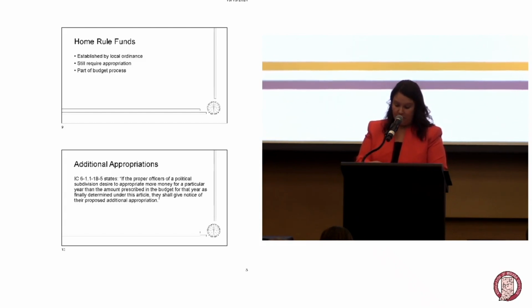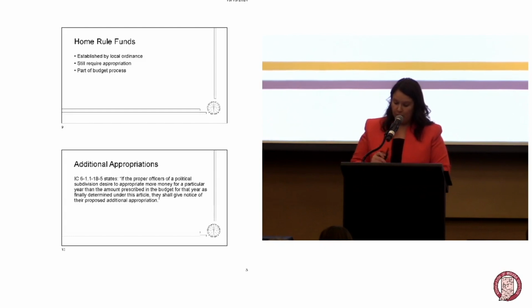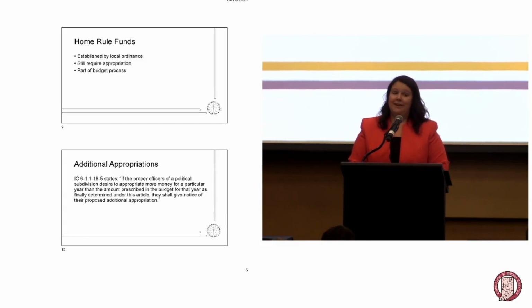IC 6-1.1-18-5: if the proper officers of a political subdivision desire to appropriate more money for a particular year than the amount prescribed in the budget for the year as finally determined under this article, they shall give notice of their proposed additional appropriations. So how many of you have already done additional appropriations this year?